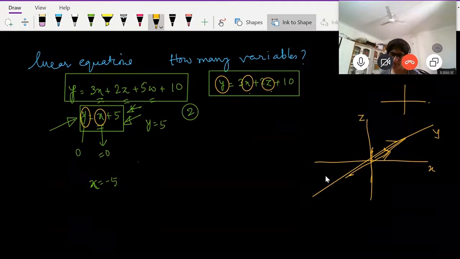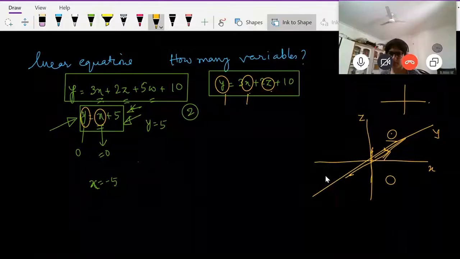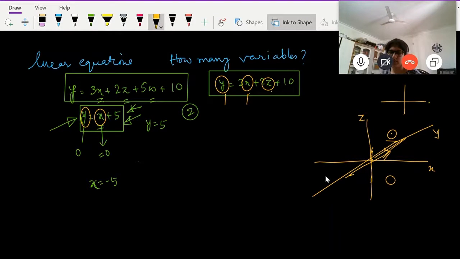So it will be somewhere in between the three, right? So similarly, we can take x equal to 0, y equal to 0, and z becomes minus 5, right? So again, it will be hanging somewhere there. So basically, this would not be a straight line, but this would be a plane.